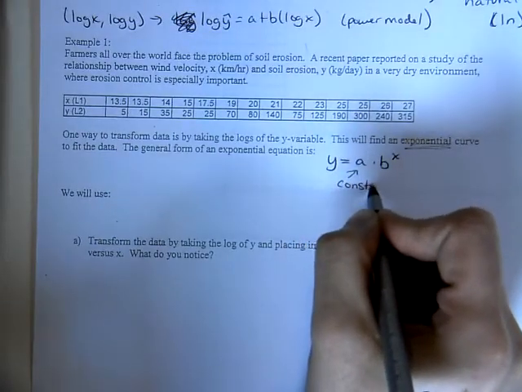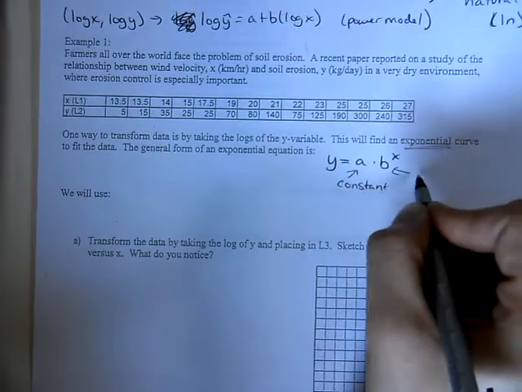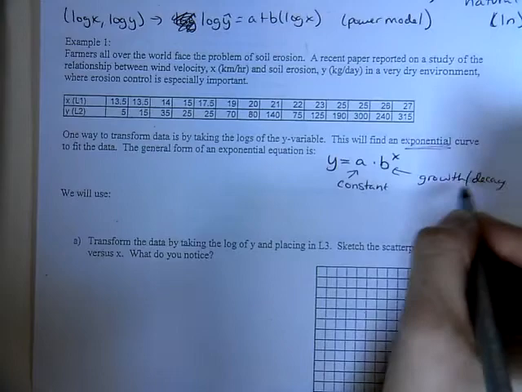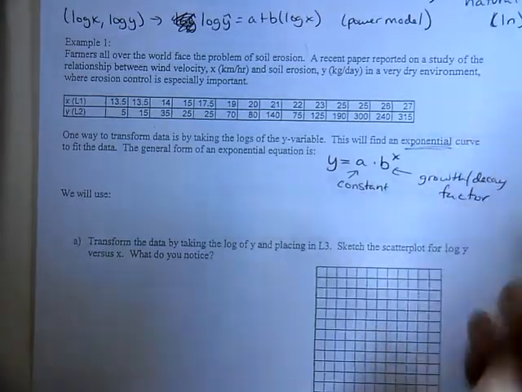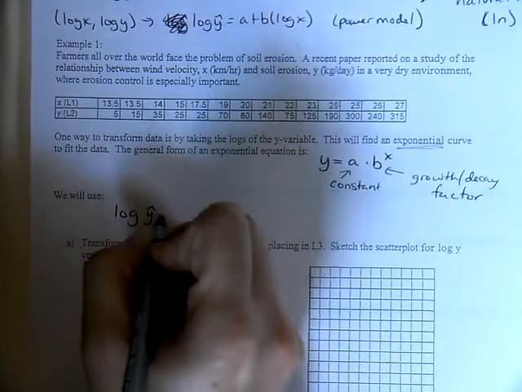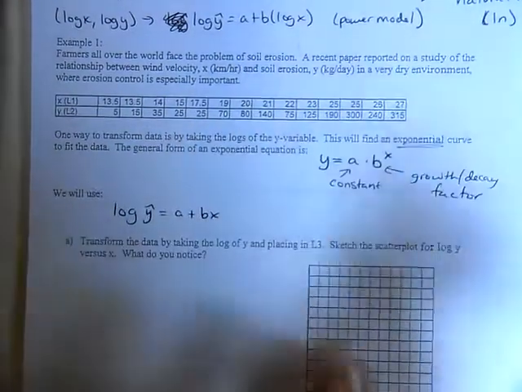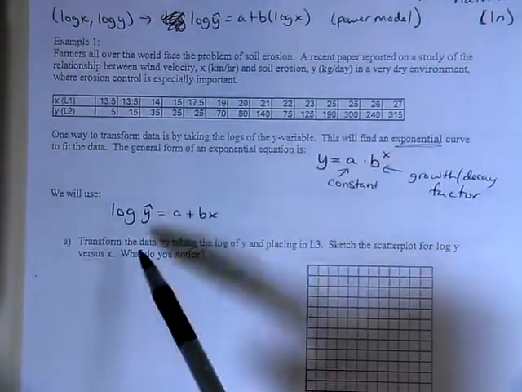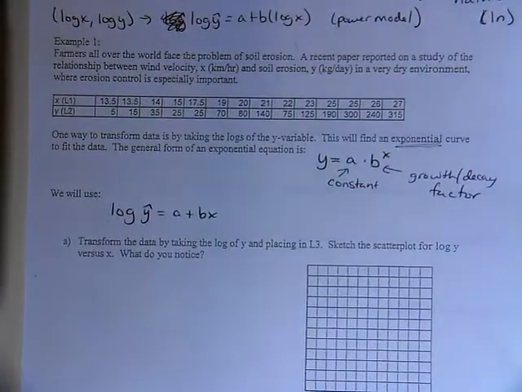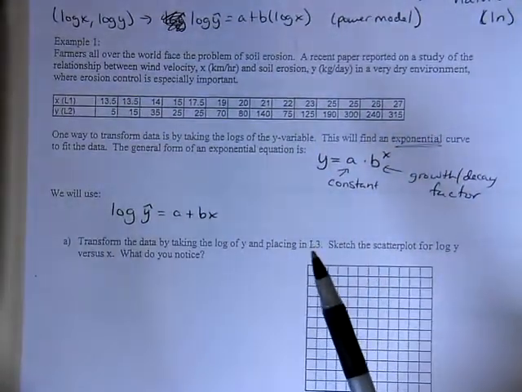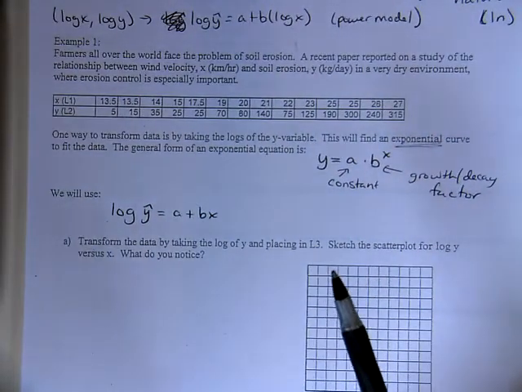Usually A is your constant, and B is your growth or decay factor. We write ours as log Y hat equals A plus BX. I will show you eventually how these two relate. I think the last problem on here is how to change it so you can see how that works, but they are equivalent equations.